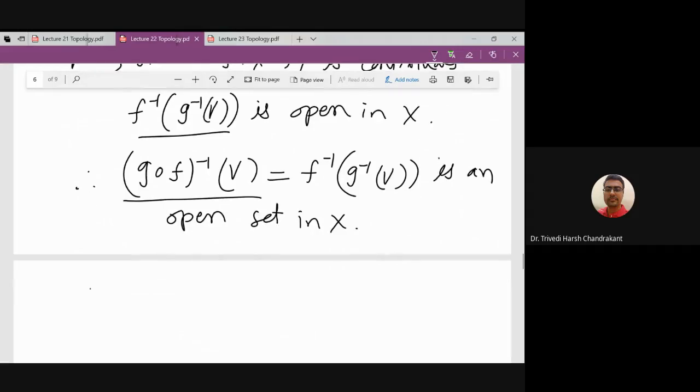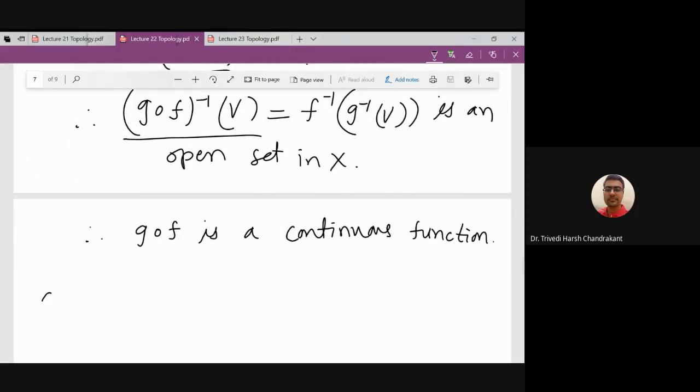Therefore this function is continuous. So this is a simple proof.